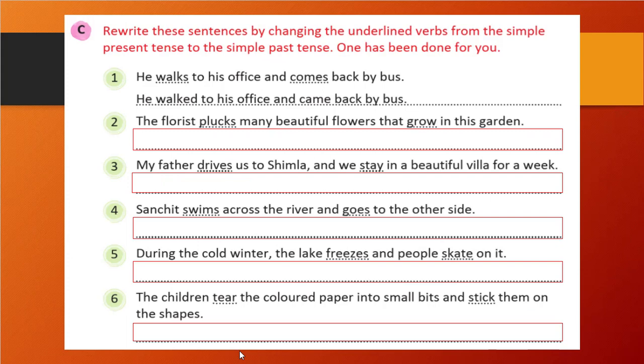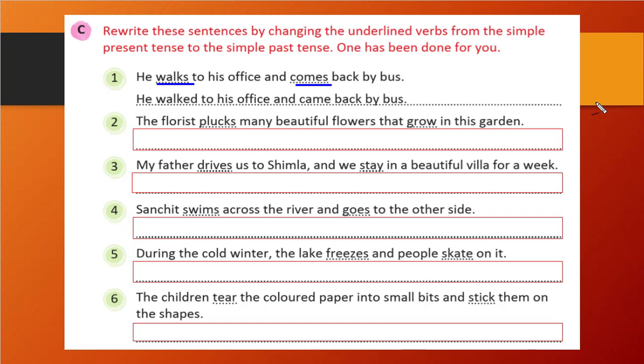That is exercise C. What we need to do here: rewrite this sentence by changing the underlined verb from the simple present tense to the simple past tense. One has been done for you. Here you see walks and comes. Question one, you see walks. Let me underline so you can easily identify it. Walks is given and comes is given. So what we need to do here, those two verbs, walks and comes, we need to write in the simple past form.